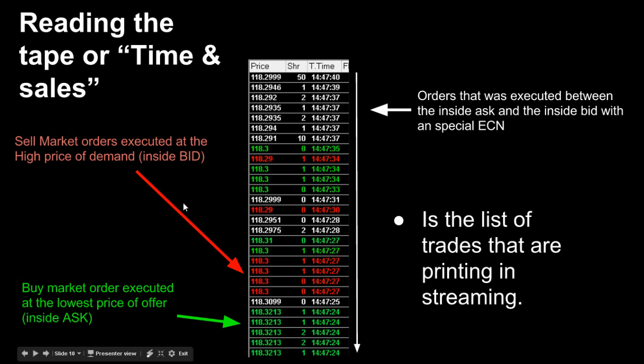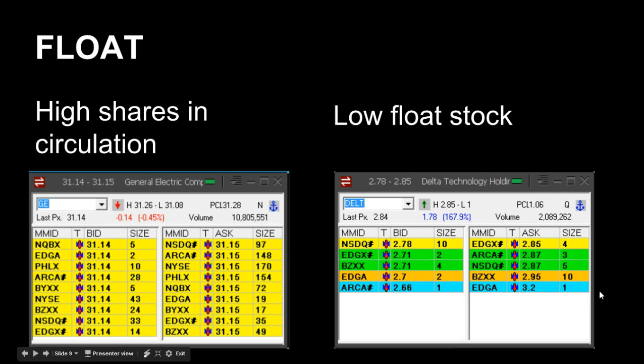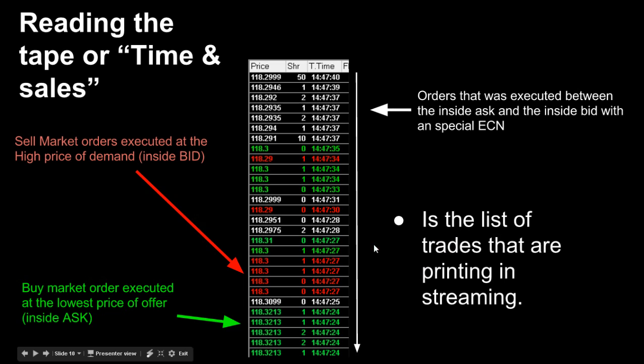So what is a red print? It's telling you that a sell market order is executed at the highest price of demand, the inside bid. So every time you see a red print in the time and sales, it is executed at the highest price of demand, and a red print is absorbing.